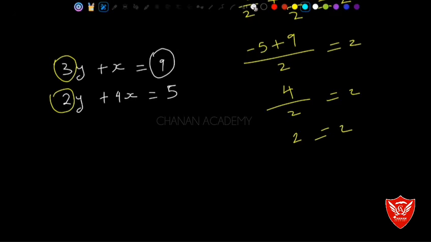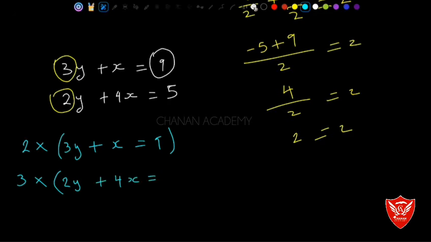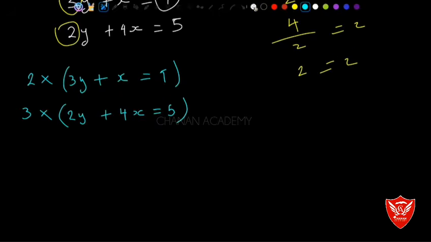For example, you take 2 to multiply the first equation, which is 3y plus x equal 9. 3 multiplied by 2y plus 4x equal 5. Now, most students will only multiply the variable and they will forget the 9. Do not forget to multiply everything.